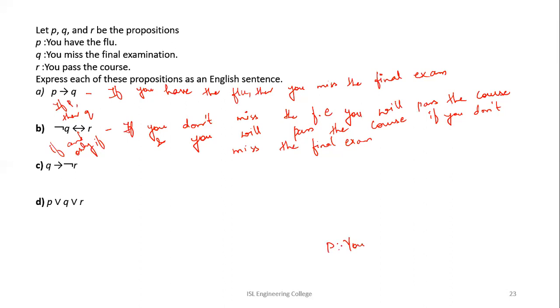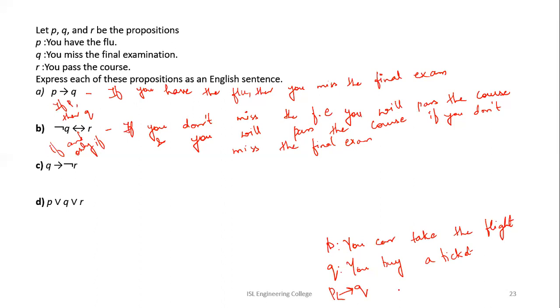P is you can take the flight. And Q is you buy a ticket. So for this statement, P by implication Q will be you can take the flight if and only if you buy a ticket.